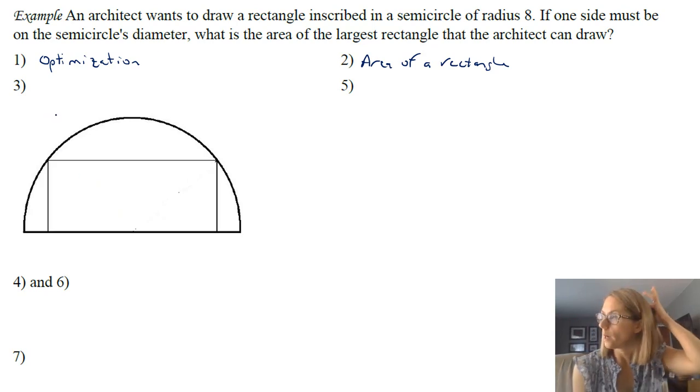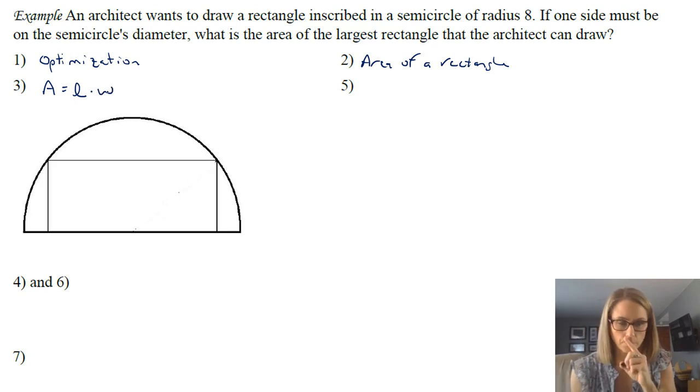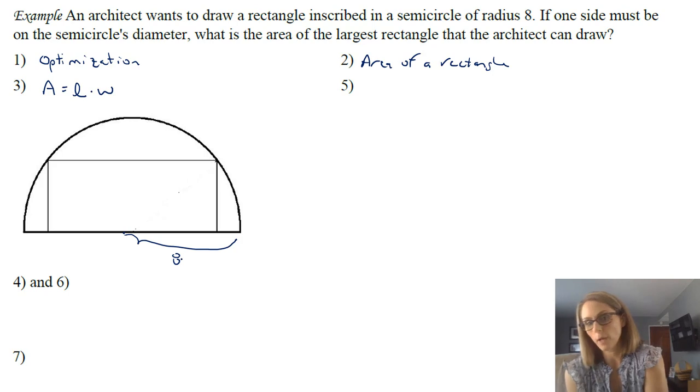And so number 3 here is the picture. We already have the picture here, so we don't need another one. Length times width is the big idea. We have a semicircle, it has radius 8, so we don't want to forget that we do know this distance from here to here, and that is 8, because that might be an important piece of information for us.